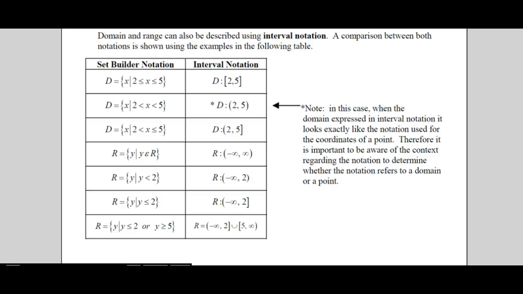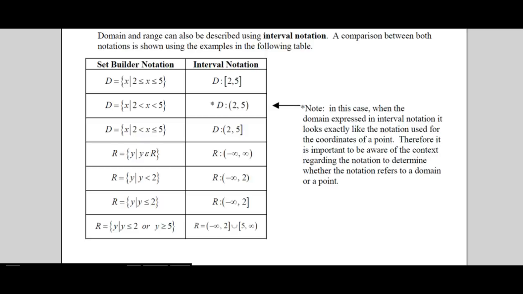Well, this says y belongs to reals. Can have all values. This says it goes from negative infinity to positive infinity, which is all values. This says anything greater than 5, so it's from 5 to infinity, with a round bracket, because anytime you're doing infinity, you must have a round bracket. You cannot have a square bracket.